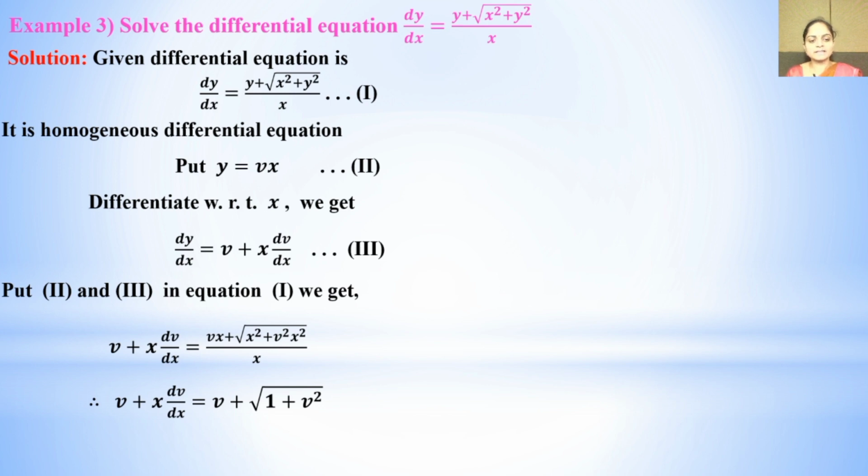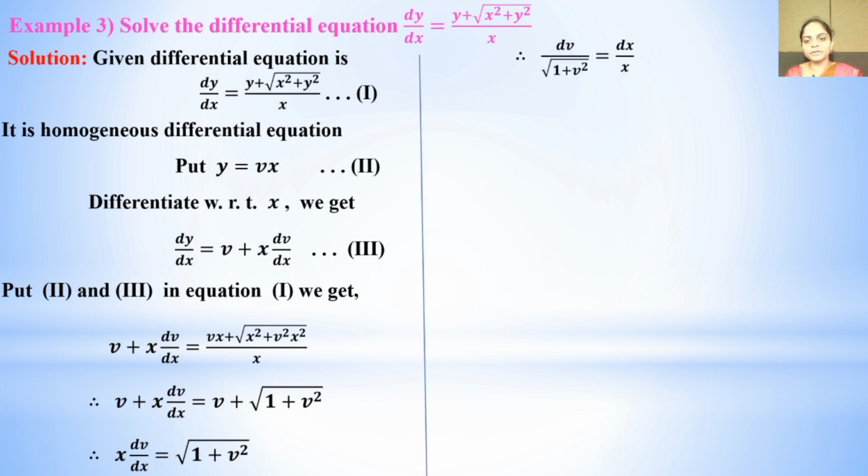Now we cancel the term v on both sides, we get x into dv by dx is equal to root of 1 plus v square. Now we take the terms of v on the LHS and the terms of x on the RHS. So it becomes dv by root of 1 plus v square is equal to dx divided by x. This is our variable separable form.